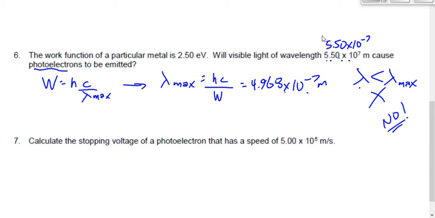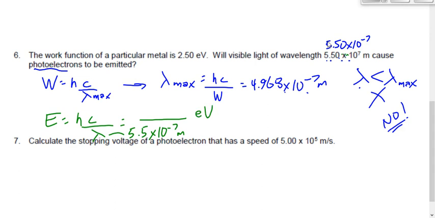Now, the other way to do this is to calculate the energy of that photon, hc over lambda, using 5.5 times 10 to the minus 7. I don't have the answer here because I didn't calculate it this way, but if you calculated that in electron volts with the 4.14 value of Planck's constant, you'd get a certain value for the energy of that photon.